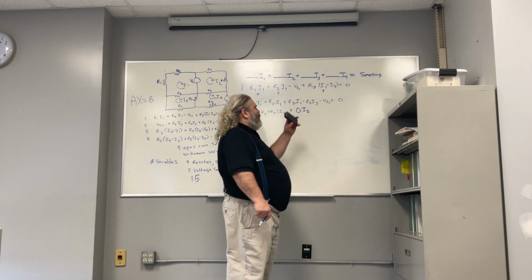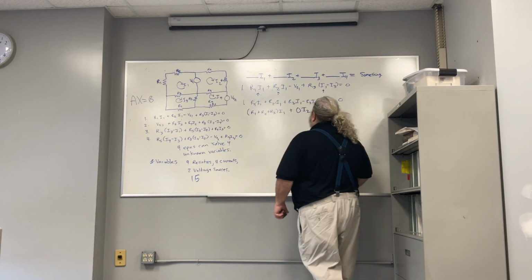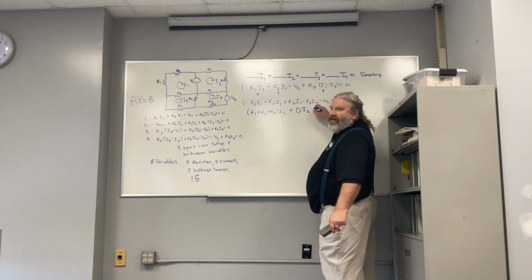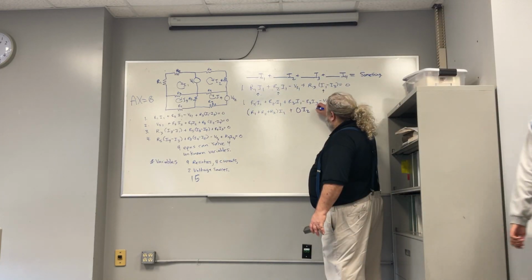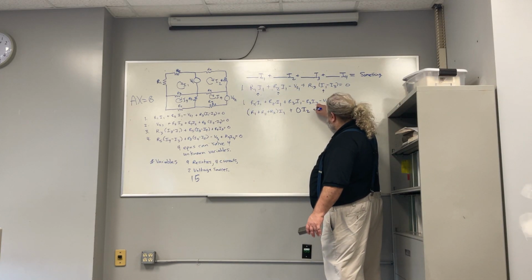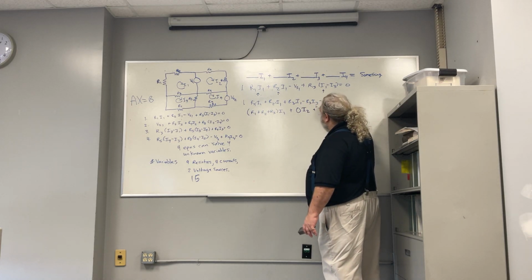Okay, Quinlan, what about R3? What do I have? I3, sorry, my bad. You have R3. So what do I put here? You put plus R3 I3. What's the sign? Negative. I like to put a plus minus just in case.